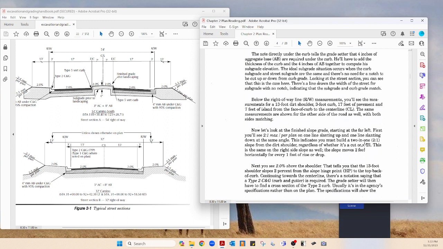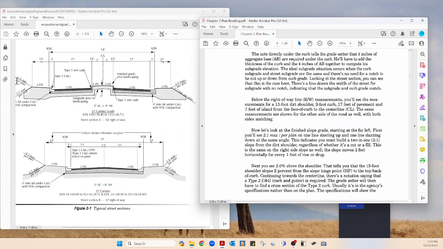And that depends on, are you bringing in dirt, raising up the elevation of the road or the subgrade? If you are, it's going to be an end slope. It's going to be a cut down. If you are cutting through a higher existing grade, it's going to be a finishing the dirt that's up here.